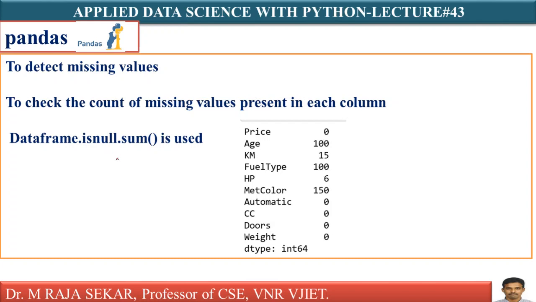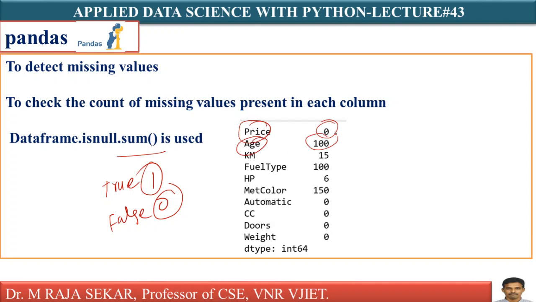If a missing value is present, it will return True. If a missing value is not present, it will return False. Therefore, True means 1, False means 0. Sum will add for each column. Price, there are no missing values. Age, there are 100 missing values. KM, there are 15 missing values. Fuel type, there are 100 missing values.